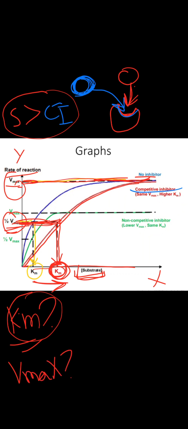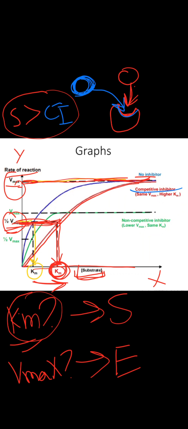Vmax is the maximum rate of the enzymes when they are fully saturated. So Vmax is talking about the enzymes, and as we said, Km is talking about the substrate. Vmax is again when all the active sites of an enzyme are saturated.